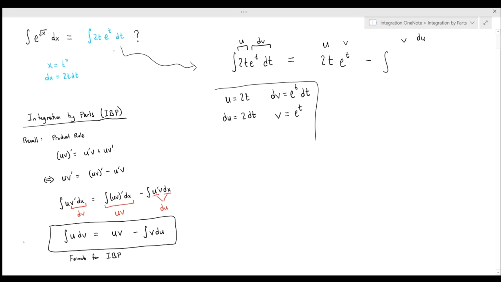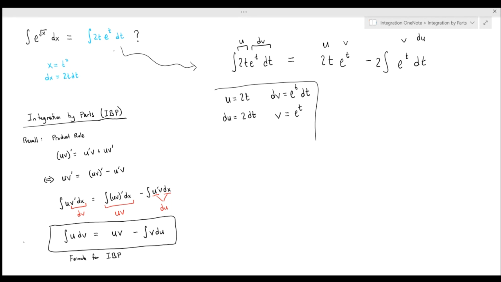So that's coming from this part over here. So v was e to the t, and then du was 2 dt, and I'll put the 2 on the outside. Okay.